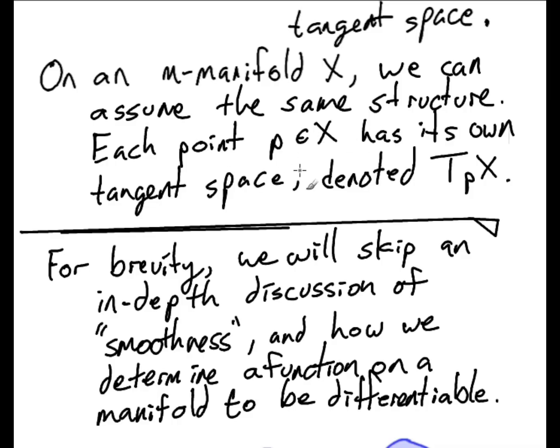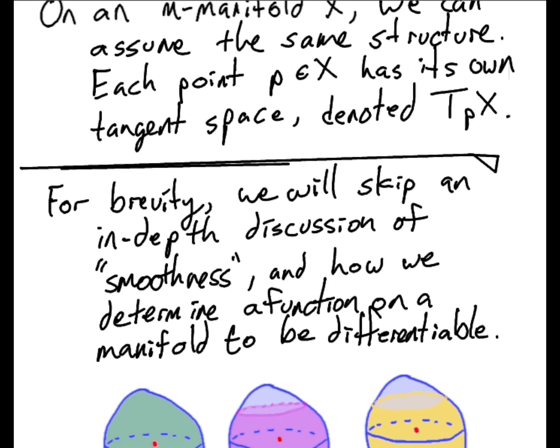Every point P is going to have its own tangent space. This is just something that we can define. We can use differentials on smooth manifolds to describe these, but it is its own algebraic object for a lot of purposes. So there is this idea of smoothness.